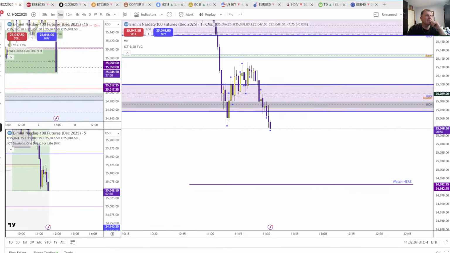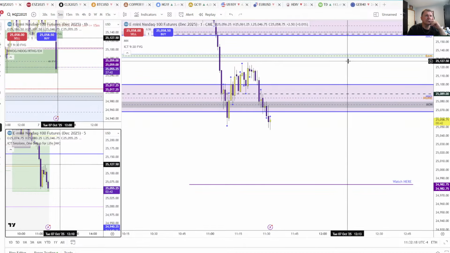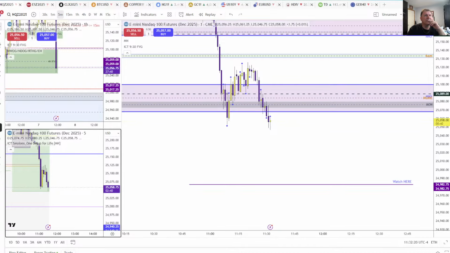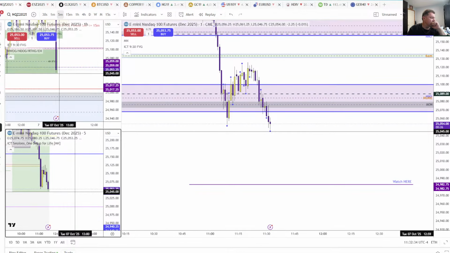Right on the money. 0.45 is the bottom of the 3-hour candle.